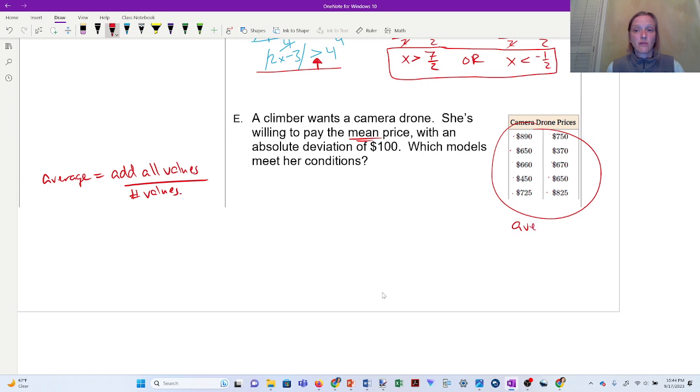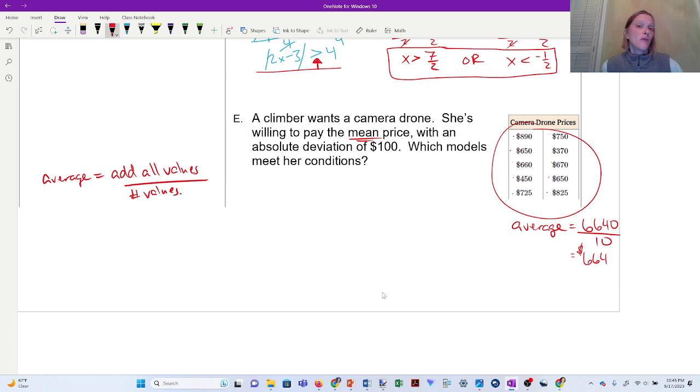So the average value here is $6,640 divided by 10. My average is going to be $664 across all of those drone prices.